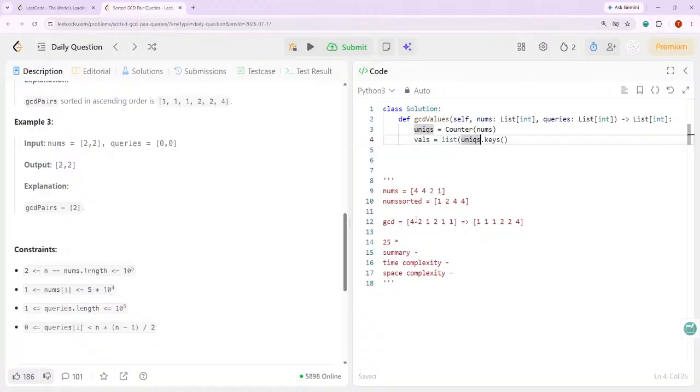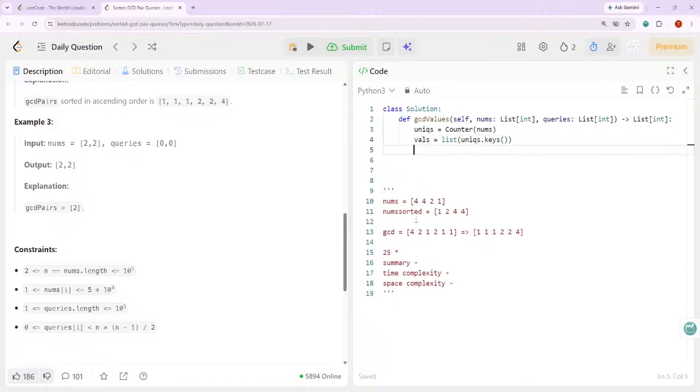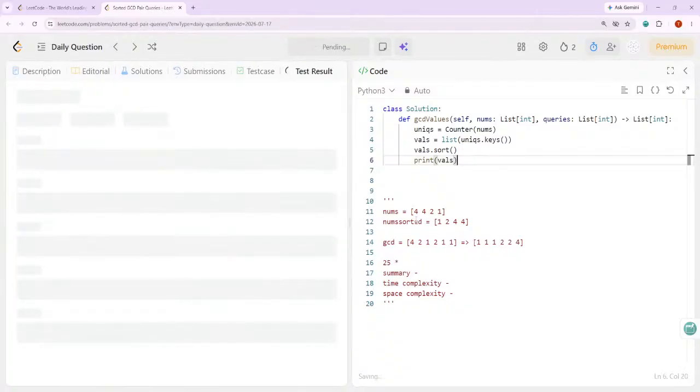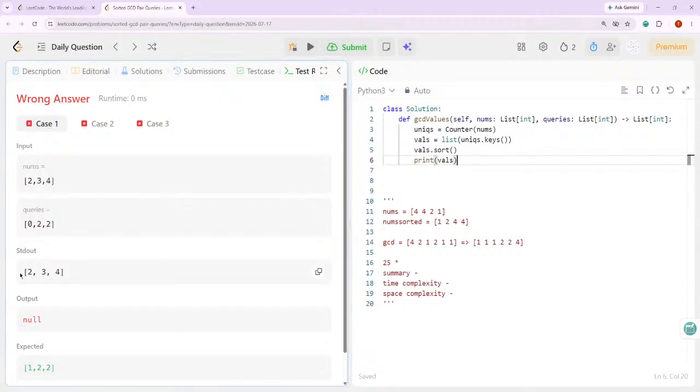Because that gives me an iterator, I believe. And then I guess I should just do vals.sort. I think this probably works. Okay. Yep.